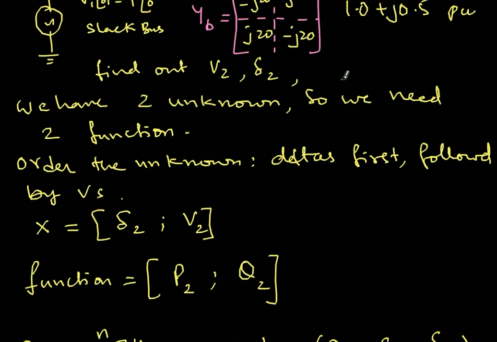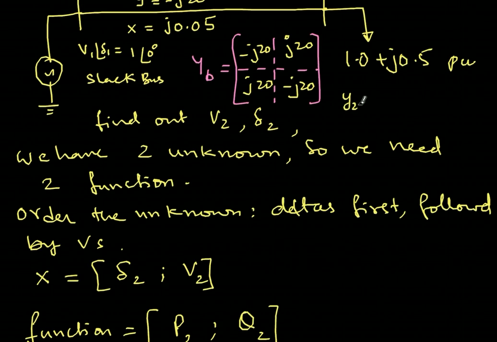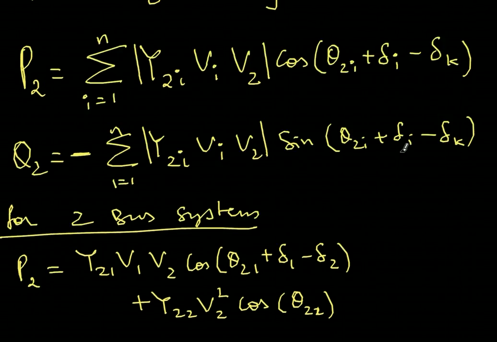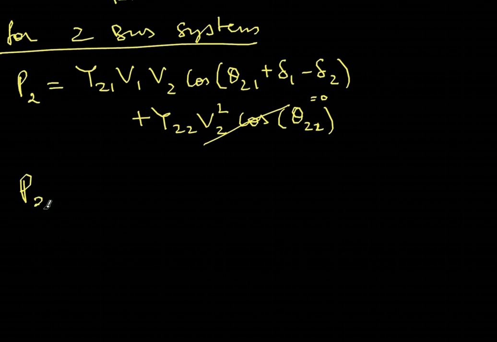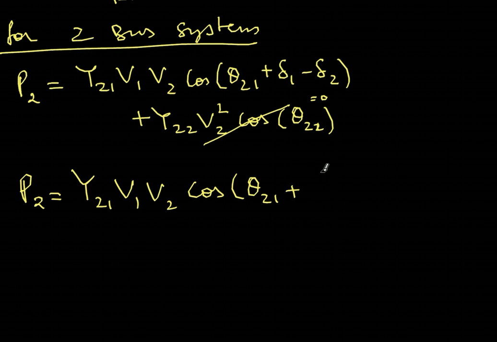So Y22 is 20 angle minus 90 degrees. So theta 22 is minus 90 degrees. Cos of minus 90 degrees is 0, so this entire term will equal 0. Finally I have the function P2 equal to y21 V1 V2 cos of theta 21 plus delta 1 minus delta 2. So this is equation number 1.